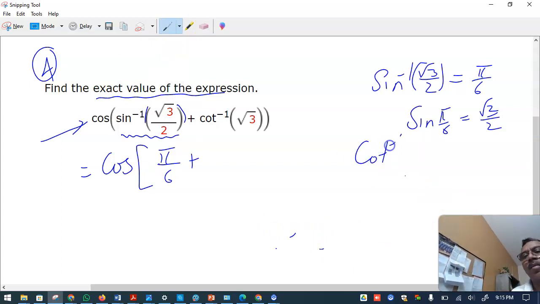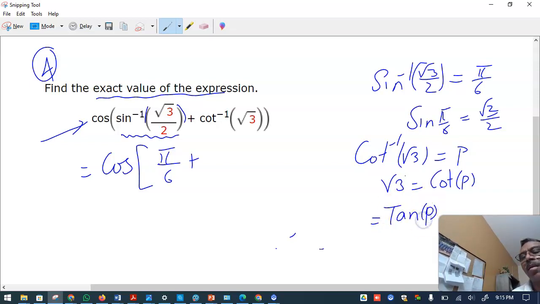Cotangent inverse of root 3. You don't know it, right? Let's put it as p. So it means root 3 is cotangent of p. Then we can use the reciprocal identity, because cotangent is 1 over tan of p.